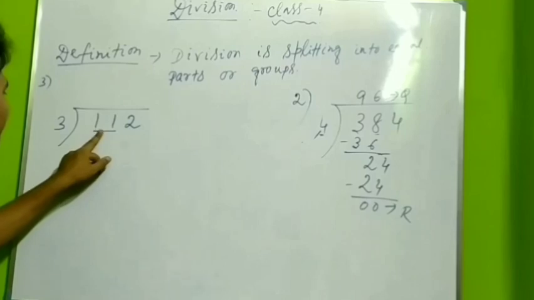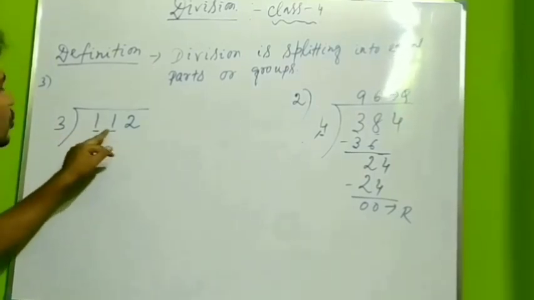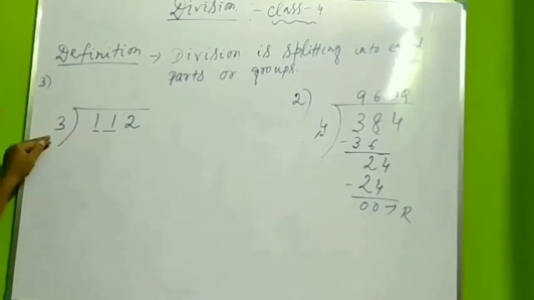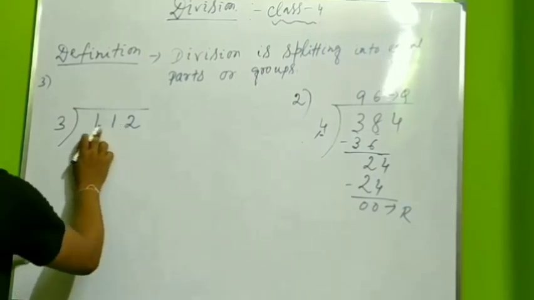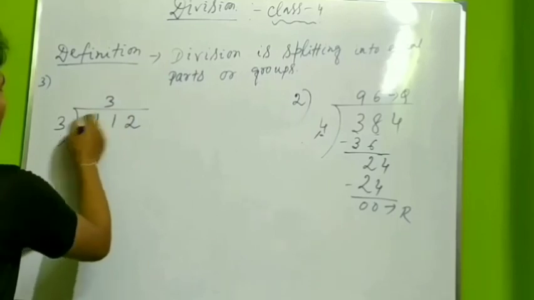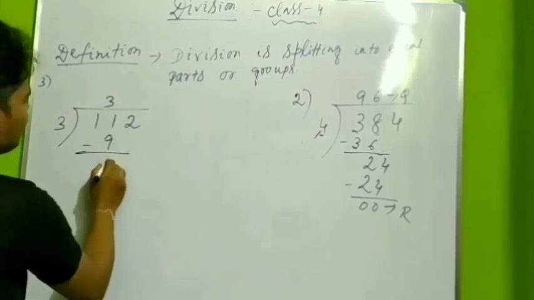If the single digit is smaller than the divisor, then you have to take 2 digits. If these 2 digits are also smaller than the divisor, then you take 3 digits. So 3 into 3 is 9. Subtract 11 minus 9, 2.